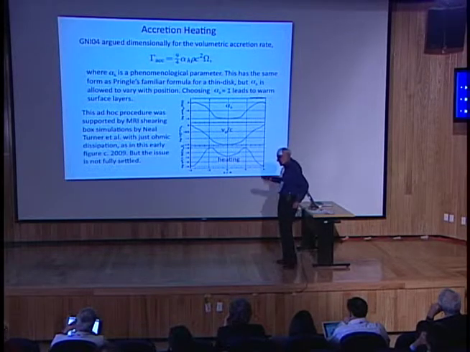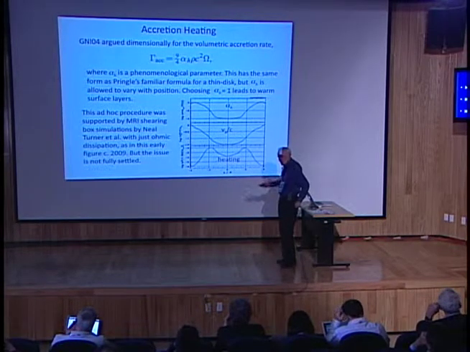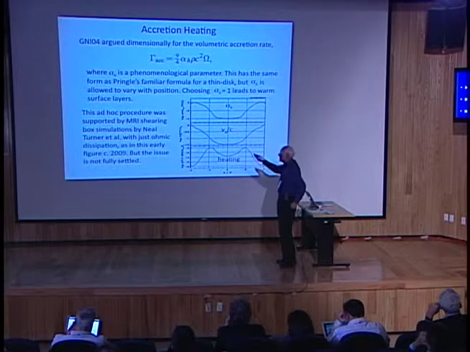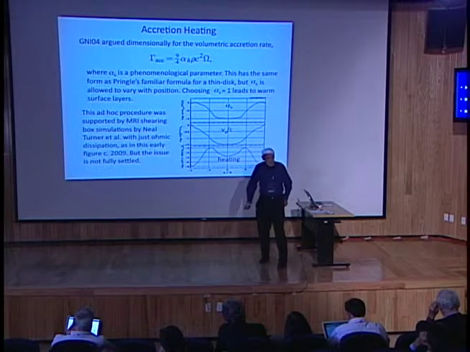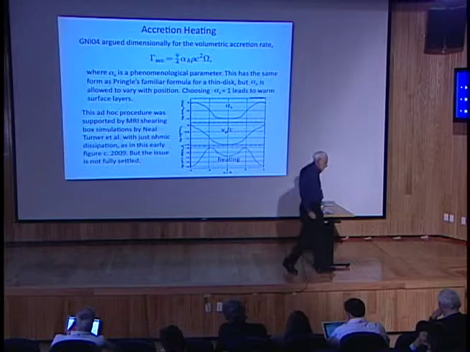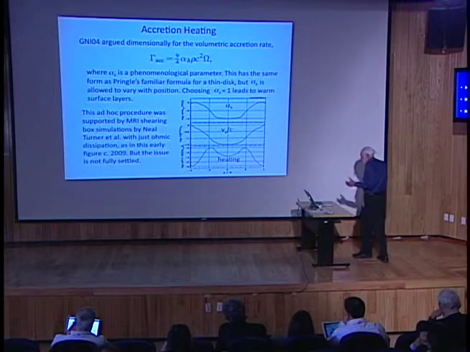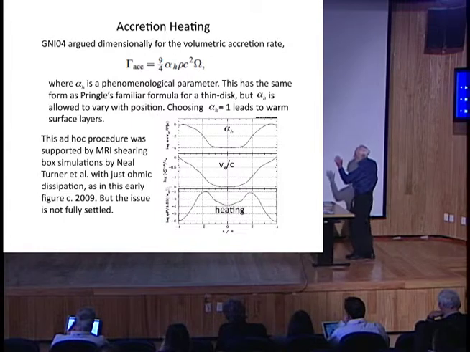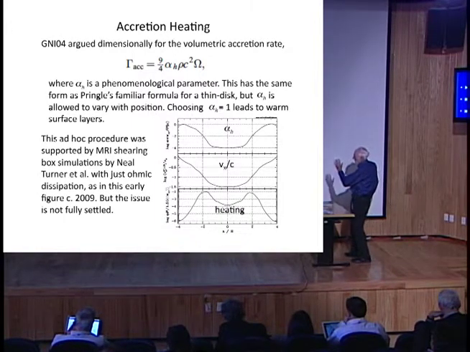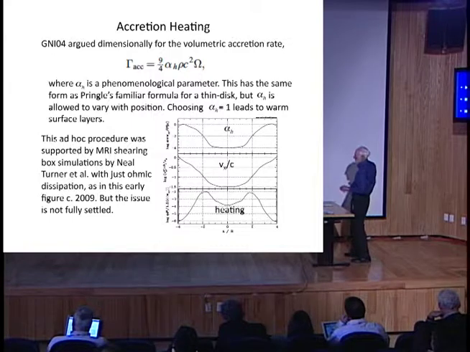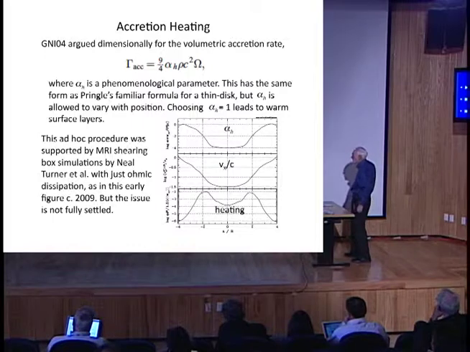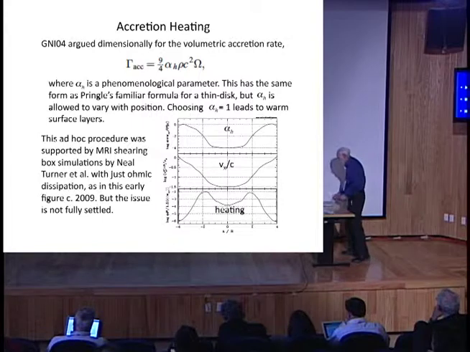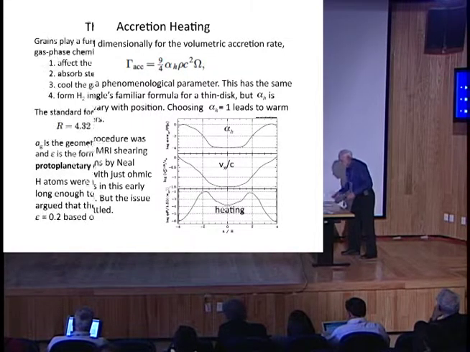So there was some support from the MRI theorists for this idea of taking alpha to be a fairly large number. Now, since then, I'm not sure I believe that calculations of the occurrence of the MRI in these shearing box simulations, with periodic boundary conditions and other assumptions, especially Neil's use of just pure ohmic dissipation, are really all that informative.